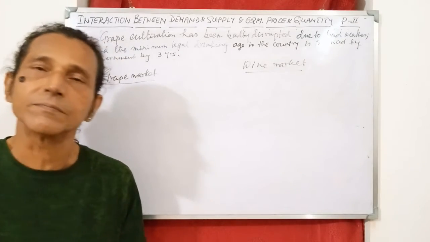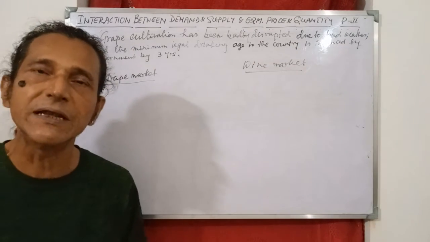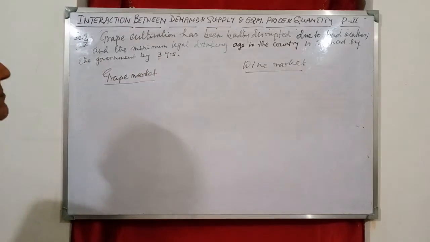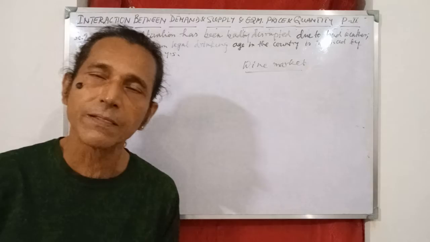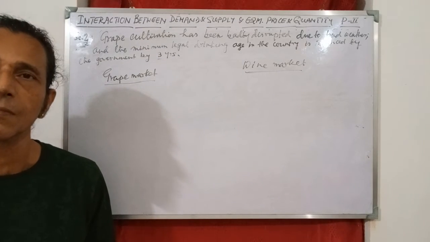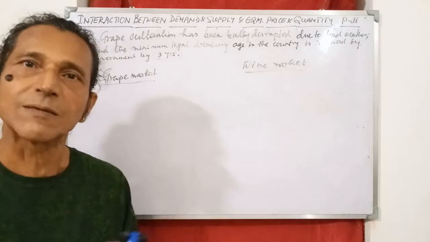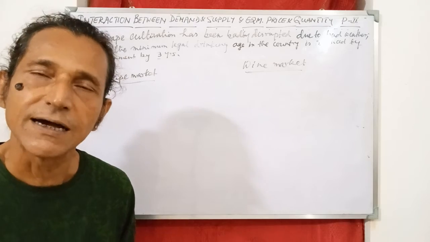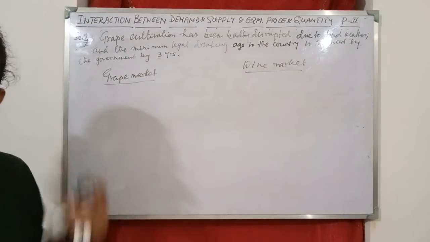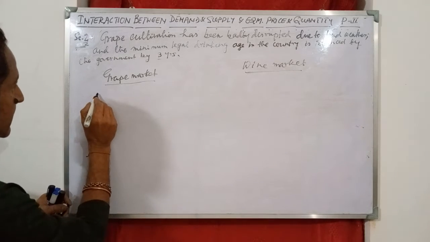But at the same time, government has taken a decision to reduce the minimum legal drinking age by 3 years. This means demand for wine will increase. So in the wine market, both the supply side and demand side are being impacted by fall in production of grapes. Correct? Let us explain diagrammatically.